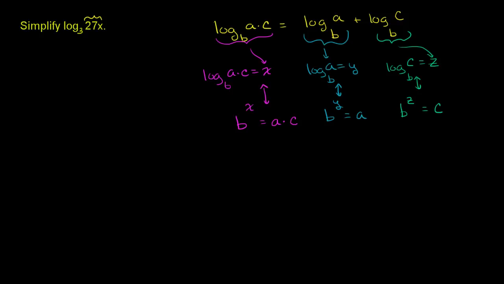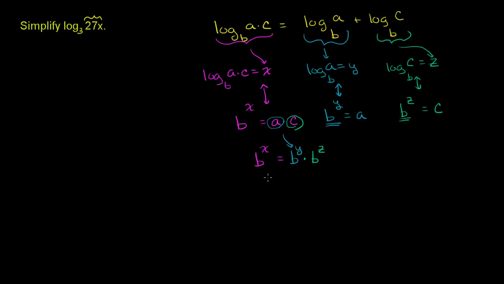Well, if we know that a is equal to b to the y, and c is equal to b to the z, then we can write b to the x power is equal to b to the y power, that's what a is, times b to the z power.